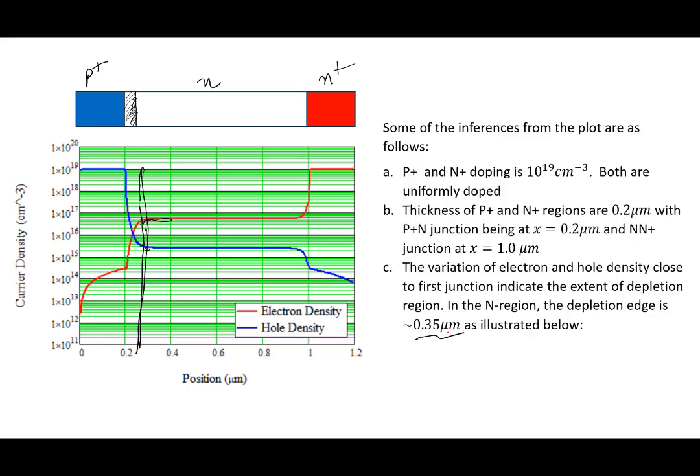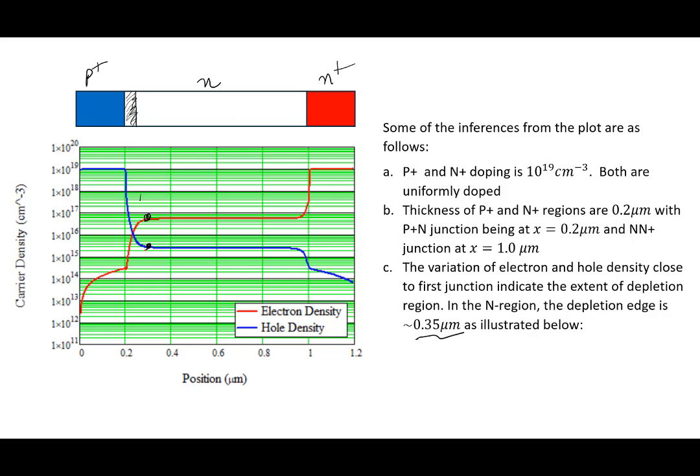I've just said maybe 0.35 micron or something like that, around that particular point. If you want, zoom in and you can see where the data levels off, where carrier density becomes almost constant, both N and P. We can see it's occurring somewhere here.